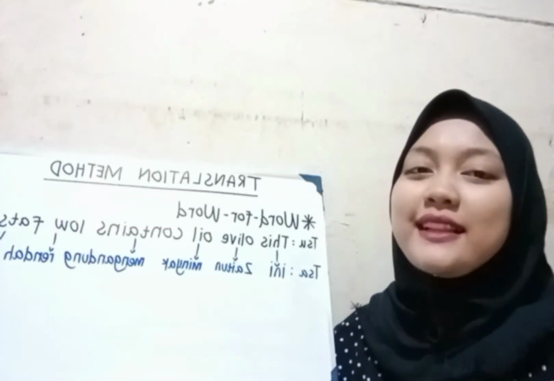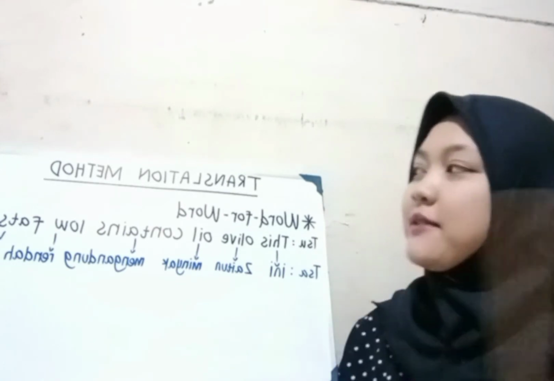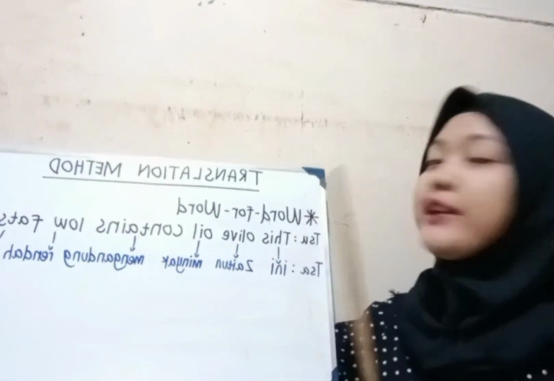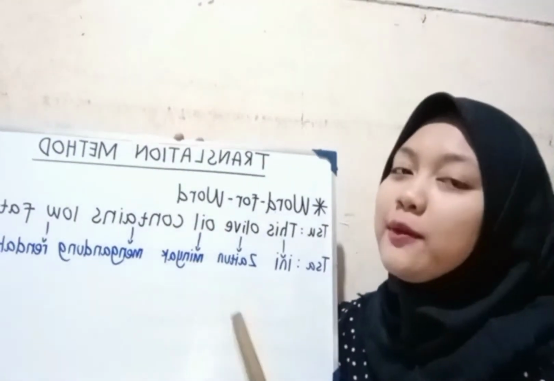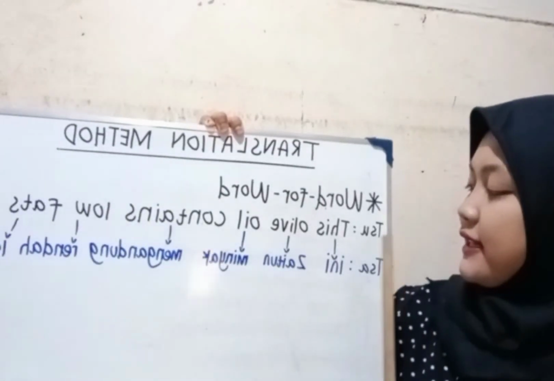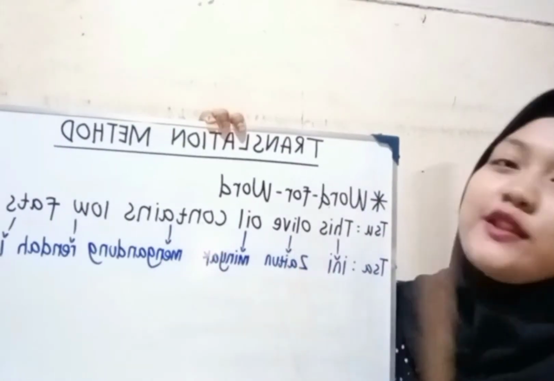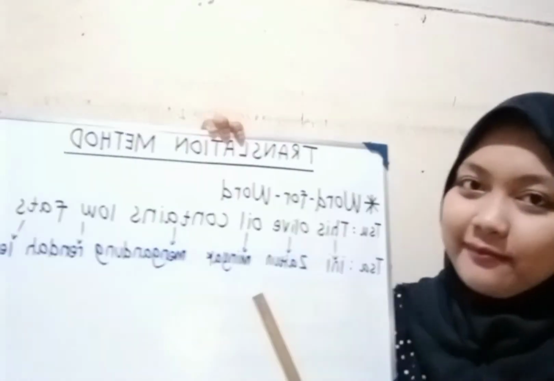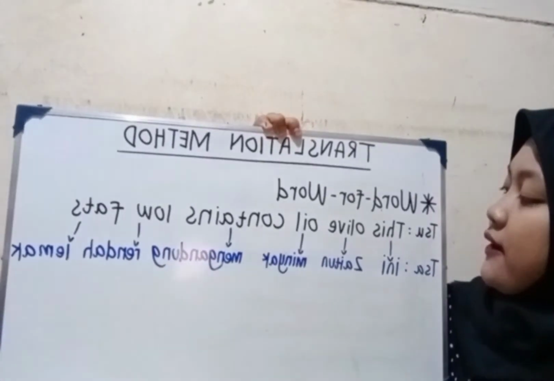Okay, let's go into the first translation method, word-for-word translation method. Look at the whiteboard. I have a text. This is a TSU or text sumber or source text.